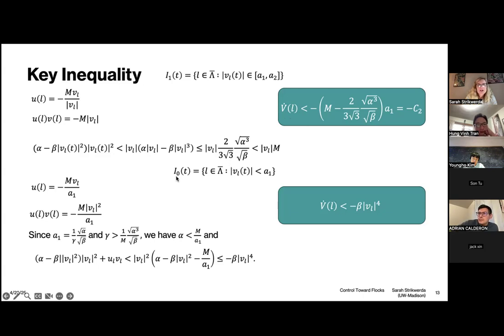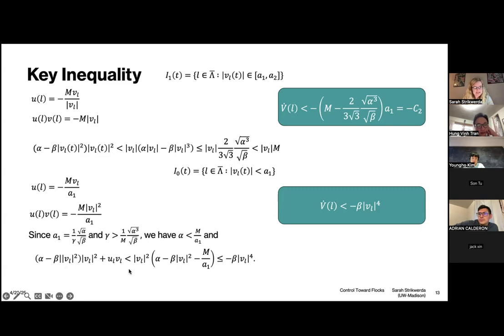And then we can also look at the set of nodes where our VL of t is less than A1. And so in that case, this was our control. And similarly, we can say, well, UL VL is equal to this. And then we can say that our A1, if we recall that it was equal to this quantity right here, and we know that our gamma is equal to this, then we do have that alpha is less than m over a1.